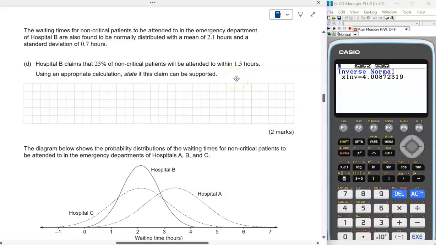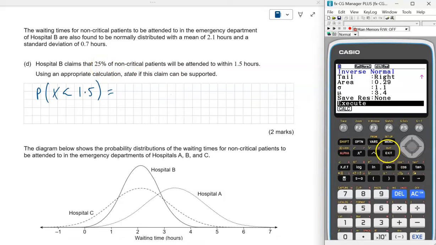Using appropriate calculations, state if this claim can be supported. So what we're looking for here is the probability that someone can be seen in less than 1.5 hours. Based on this claim, it needs to be about 0.25.